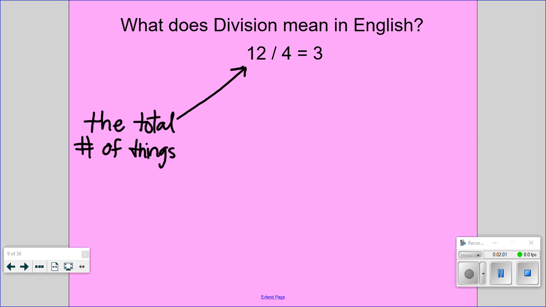So you've drawn an arrow to the 12 and you wrote the total, AKA. You know what AKA means? AKA stands for also known as, which means like, I am Miss Miller, AKA Casey. Those are my names. It's another way of saying who I am.